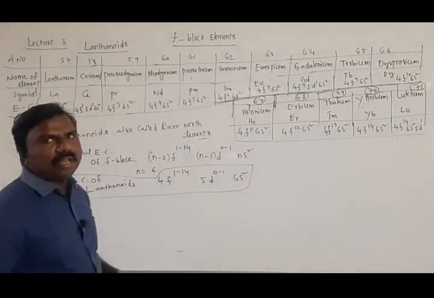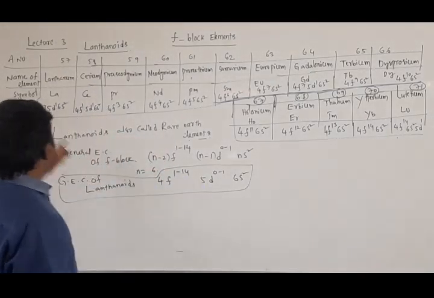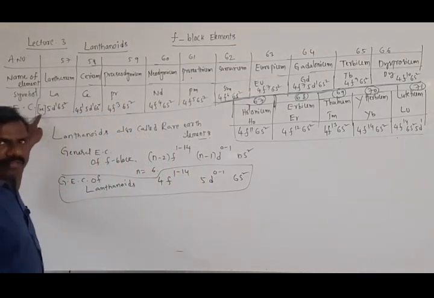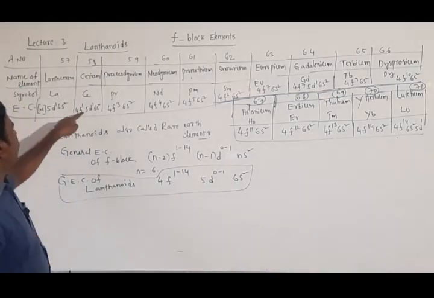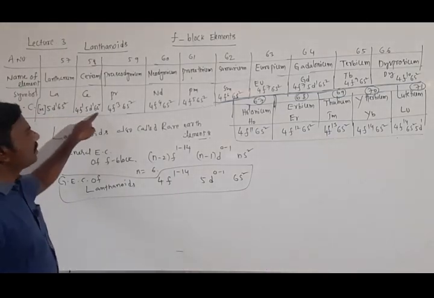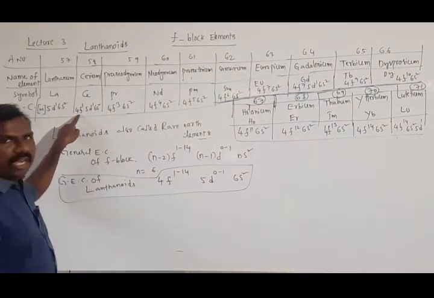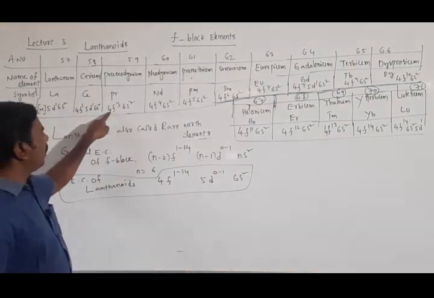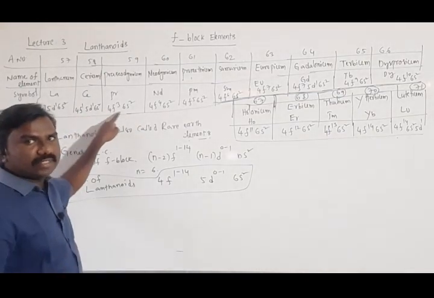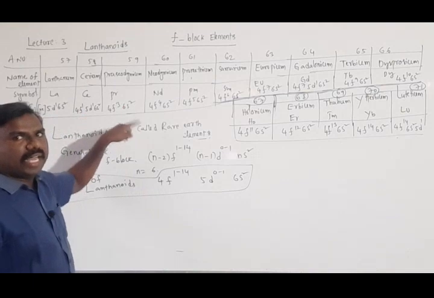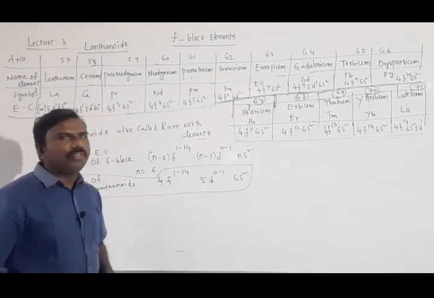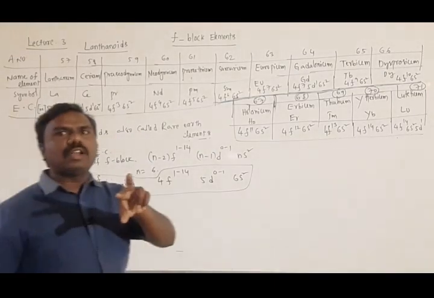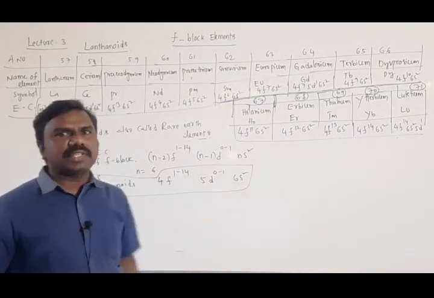And their electronic configuration. For lanthanum it is xenon 5d1 6s2. And here 4f1 5d1 6s2 means the differentiating electron goes into f. So 4f3, actually 4f2 5d1 6s2: d1 enters into f, and f2 becomes f3, because 4f and 5d energies are almost close, so there is a chance to exchange.